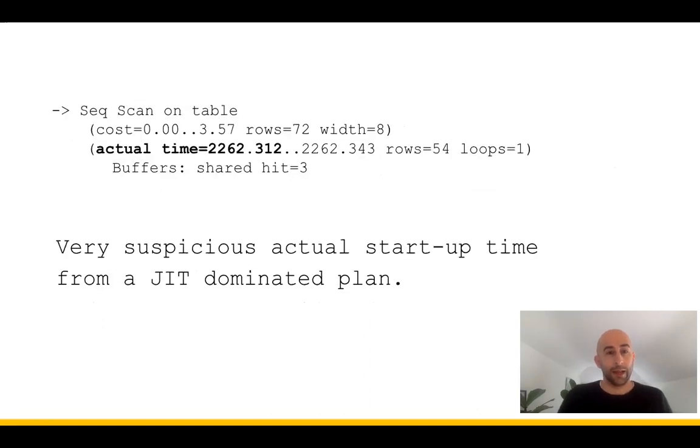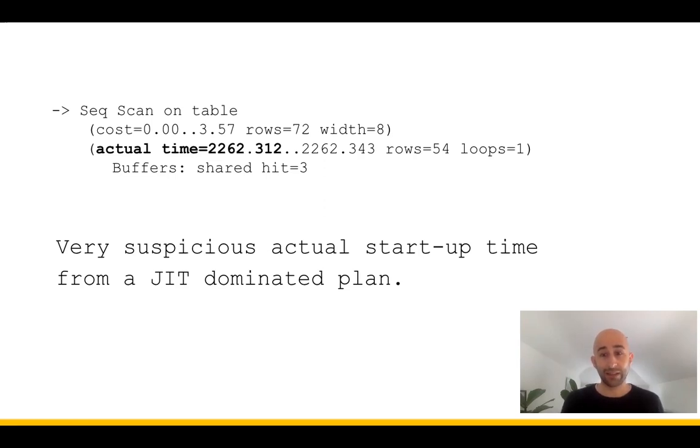And another thing: if for any reason you've not seen it at the bottom there, or you're looking into something somebody else has sent you, and you spot something like this, which is a very suspicious startup time for a sequential scan in this case. So this was a leaf node in the example I just showed, from the same example. And this is a very small sequential scan of 54 rows, only 3 buffer hits.